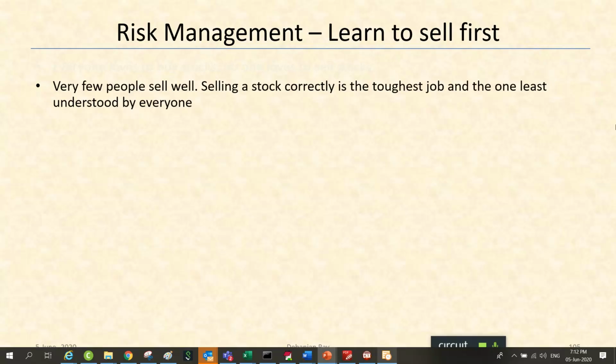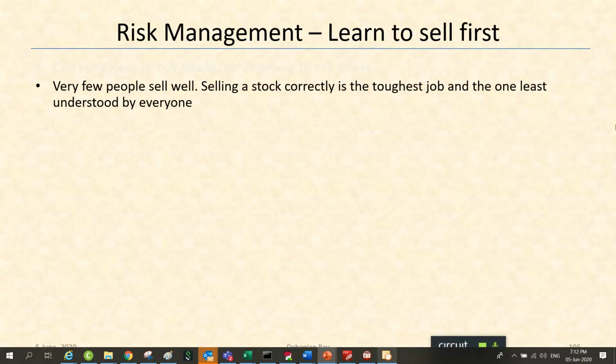Very few people sell well. Correctly selling is the biggest and the toughest job. Many people do not understand when to sell. And this is one of the very important lessons for you.